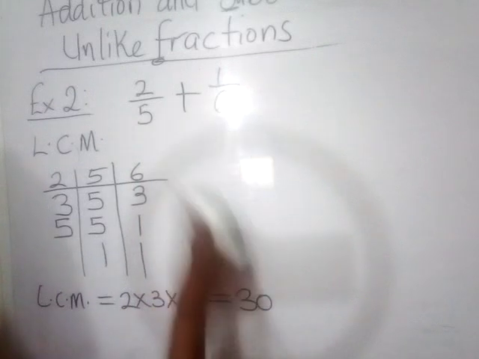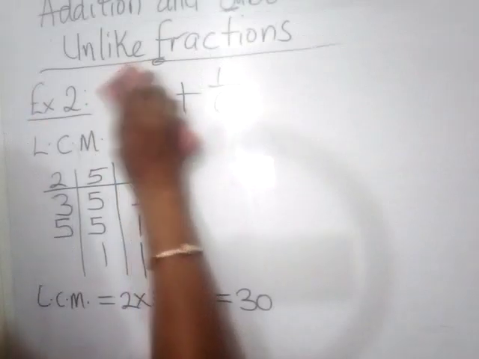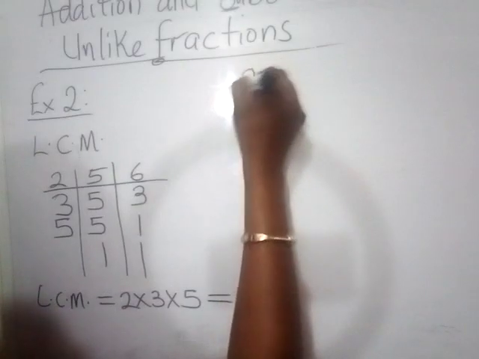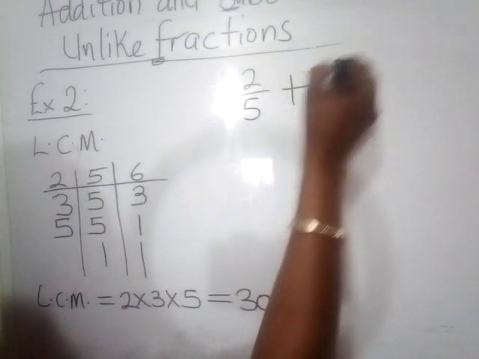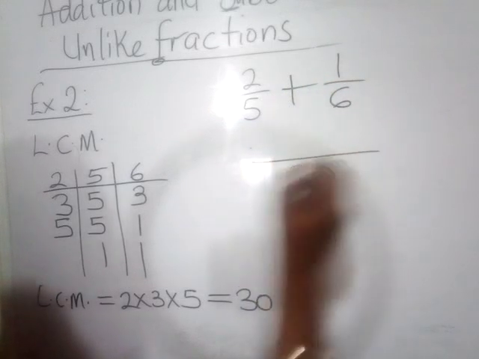Now we come back to our fraction to continue our calculation. So, 2 over 5 plus 1 over 6. Our LCM is 30.